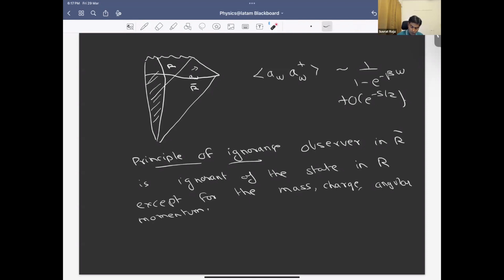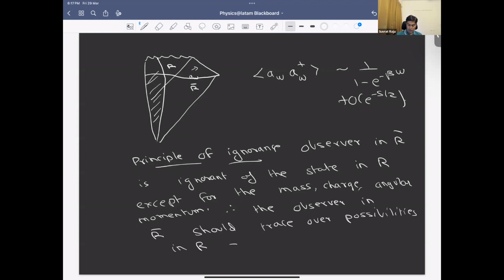Now, if you look at this configuration, you see that the state in R will never come into causal contact with R bar, because the black hole will evaporate away. Therefore, the observer in R bar should trace over possibilities in R, which means you get a mixed state for R bar.